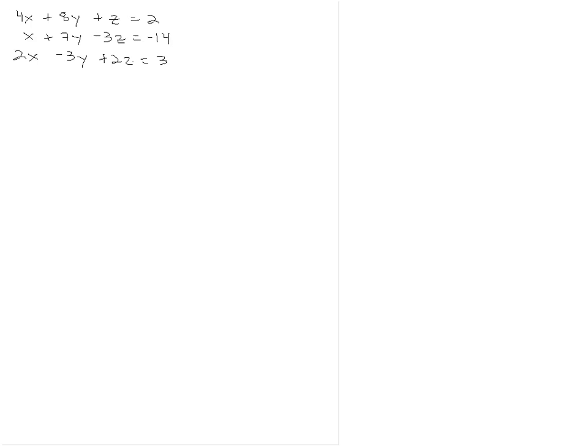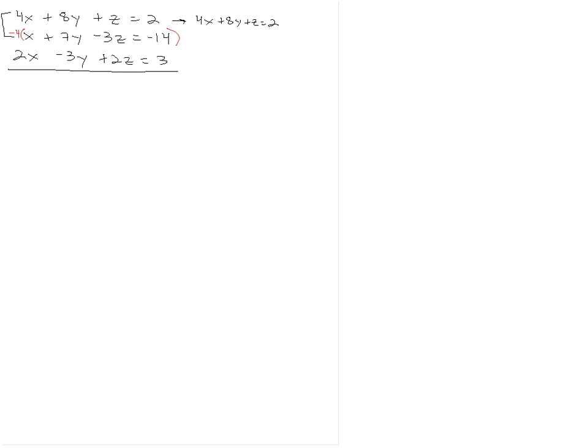All right. The first thing I did was I looked at the first and the second. How can I eliminate the x's? Well, if I multiply this by negative 4, I'll get a negative 4x to go with the positive 4x, and that will work. So this one does not change.